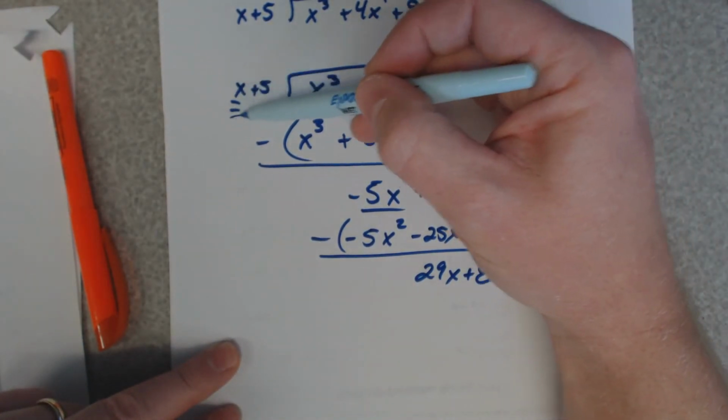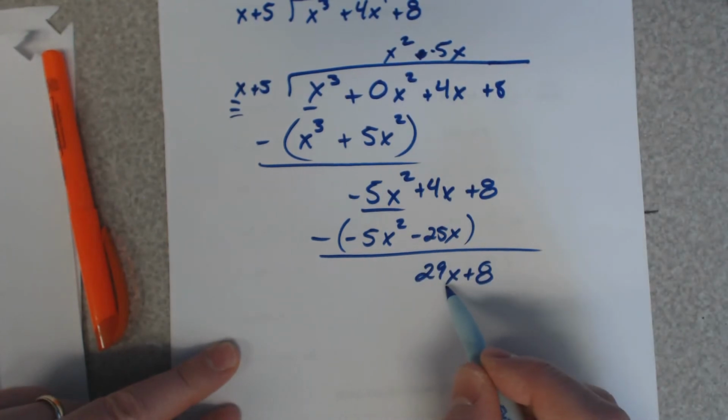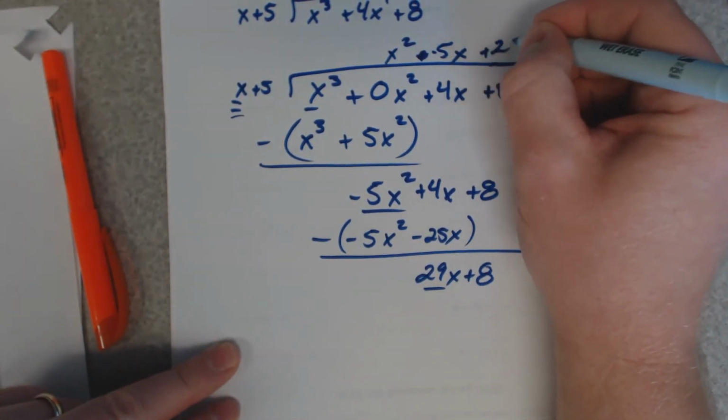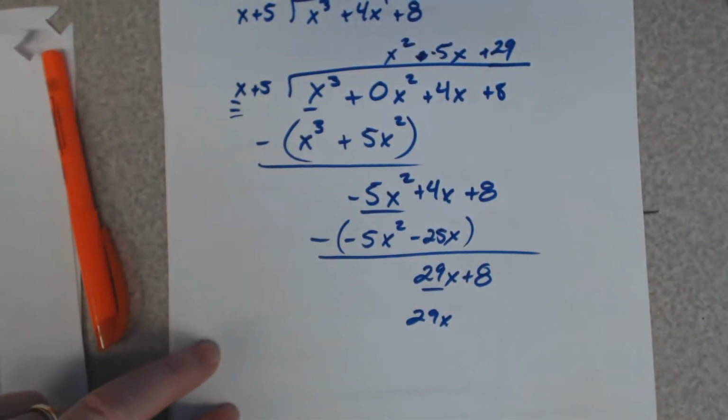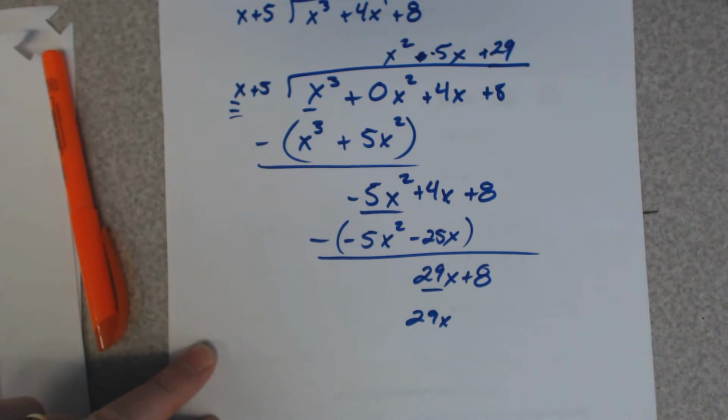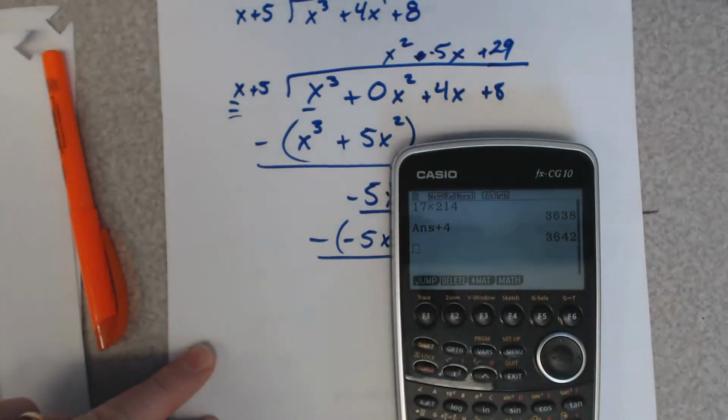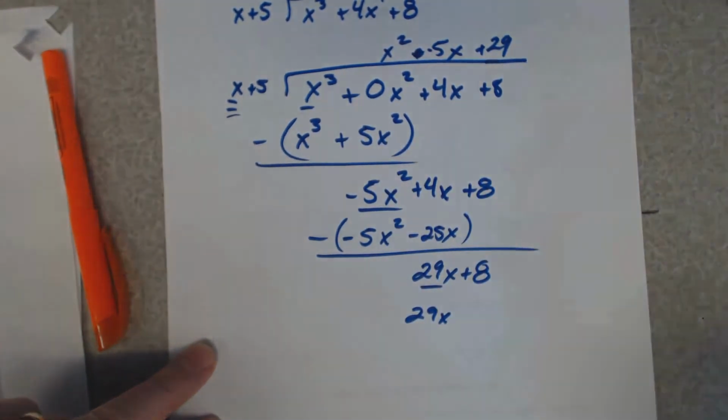How do you turn an x into a 29x? Multiply it by 29. 29x, and 29 times 5, I guess, 30 times 5 would be 150, so I think it'd be 145, just to make sure. Yeah, 145.